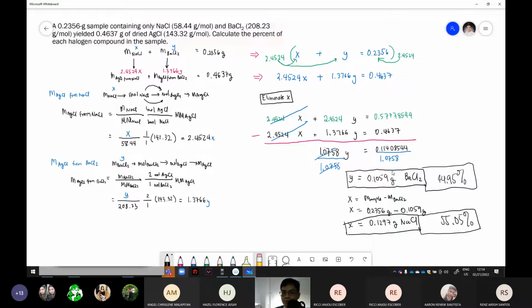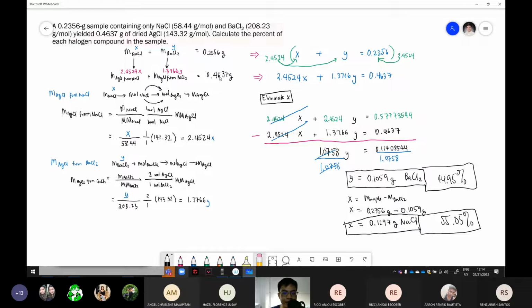So again, mukha siyang mahirap pero madali lang. Basta alam mo yung flow. Gagawa kang equation. Yun yung first equation. And then second equation, convert them into the precipitates. And then yung corresponding total mass nila.